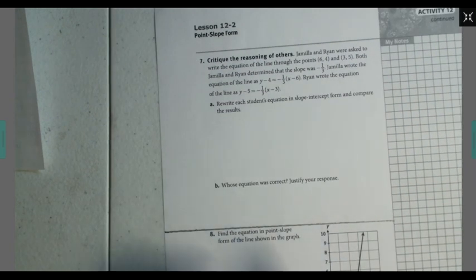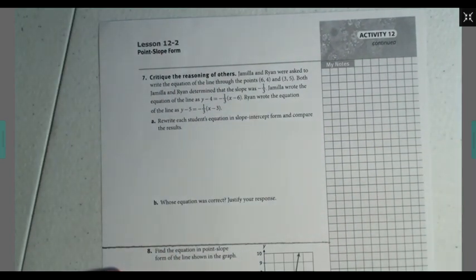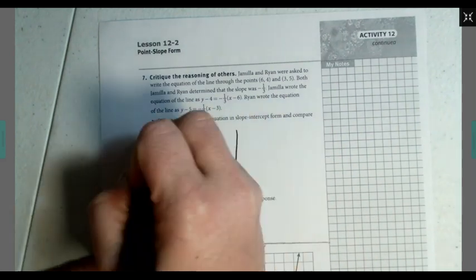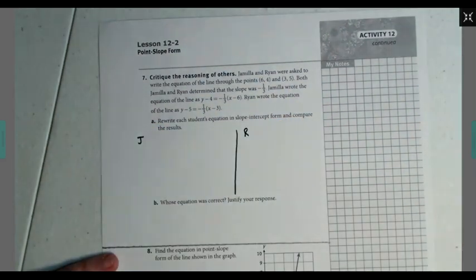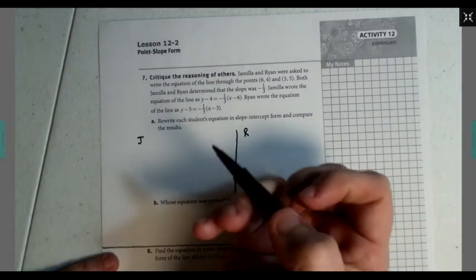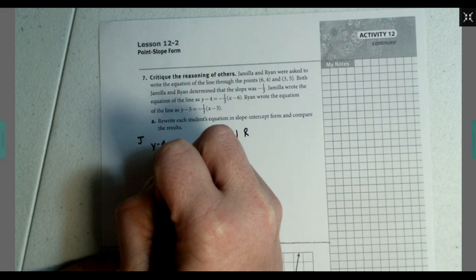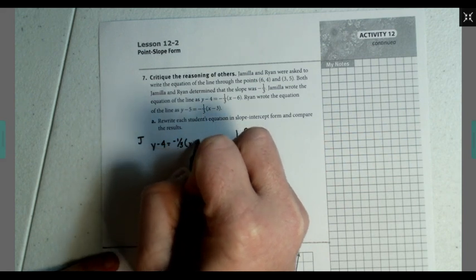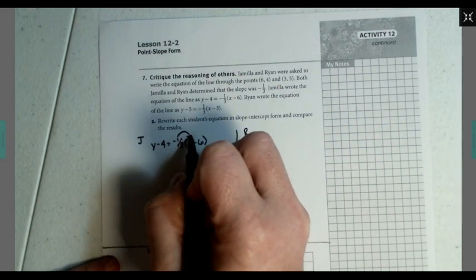Well, let's start off by taking a look at their equation. I'm going to work Jamila's out over here, and then we'll work Ryan's out on this side, okay? So I'm going to start off with y minus 4 equals -1/3 x minus 6. First thing we're going to use is the distributive property.